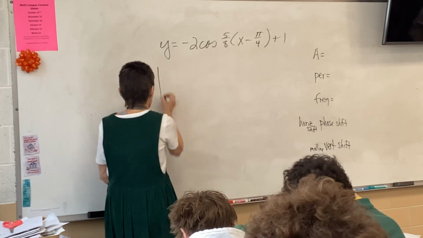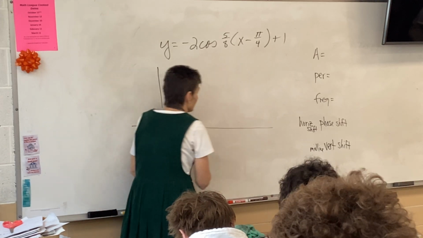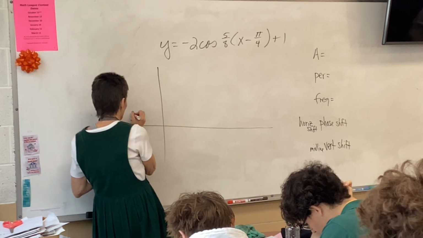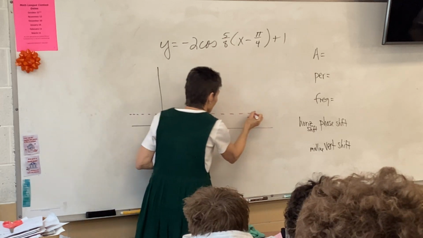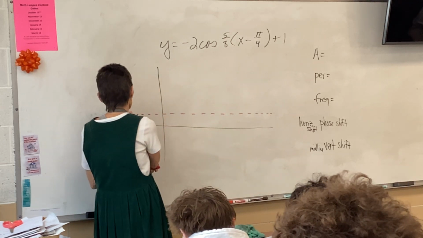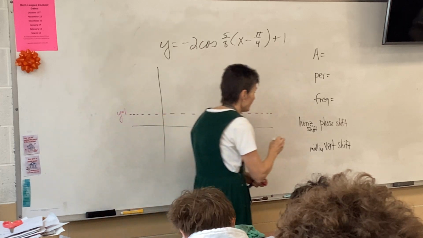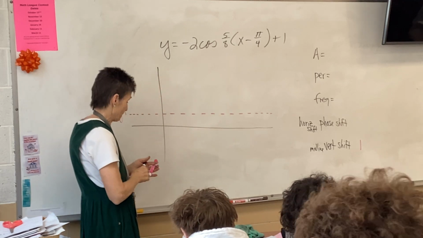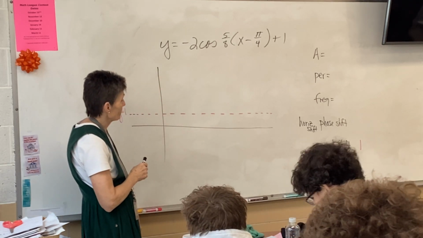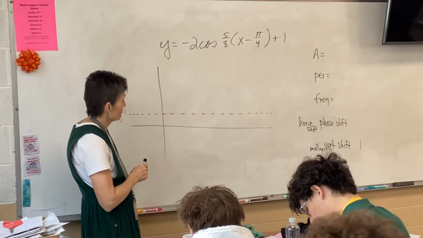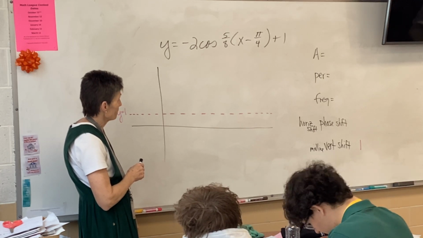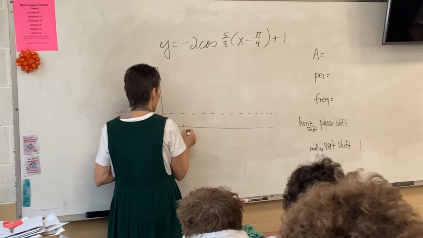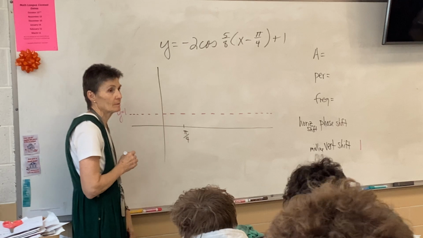All right, so I'm gonna sketch it. I'm going to put in my midline, which by the way will be my vertical shift, up 1. Whatever's going on is starting at pi over 4. Would you agree with that?